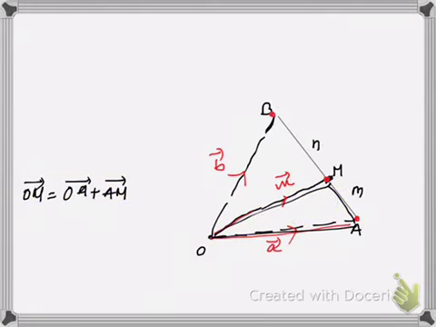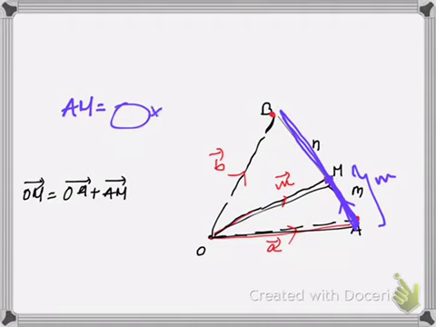Now if we talk about this vector AM, it means moving from point A to point M, and it has the length m. But if we talk about this whole line segment AB, we can say that AM is some ratio of AB.